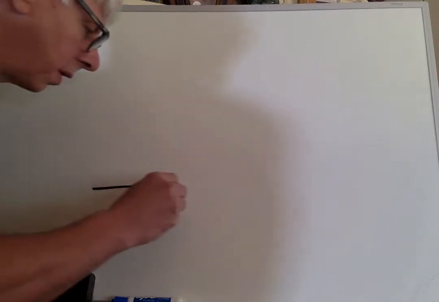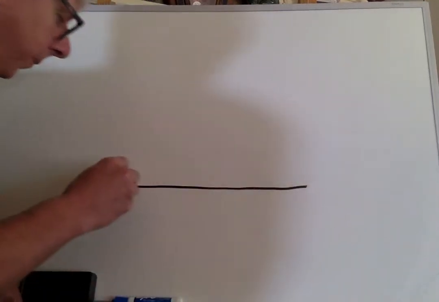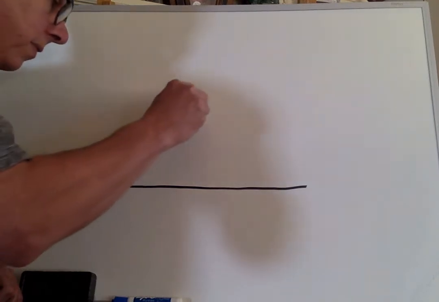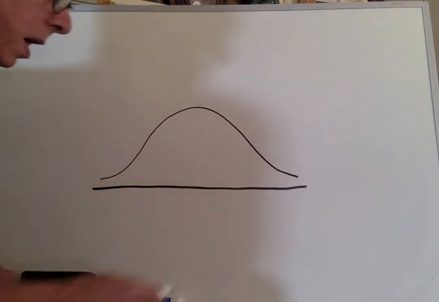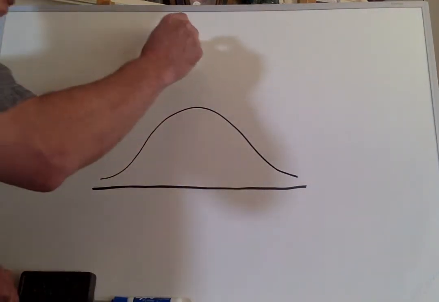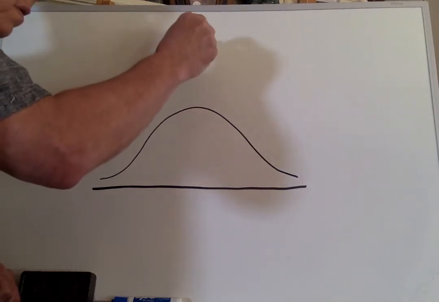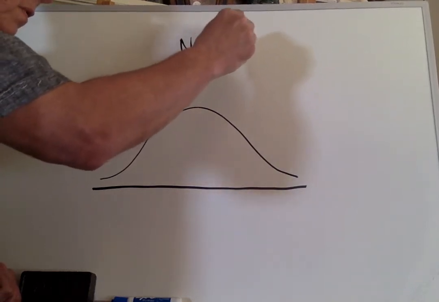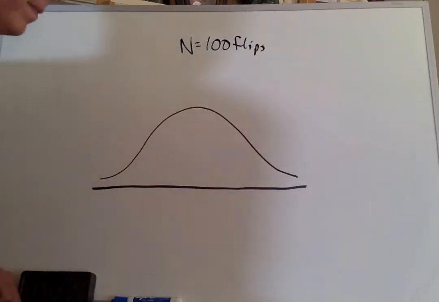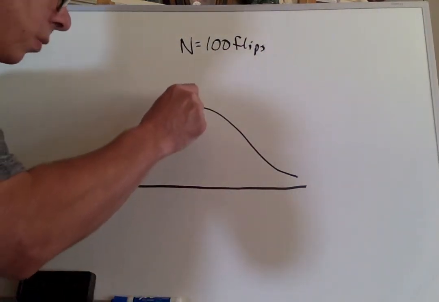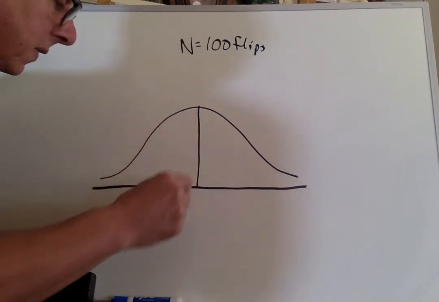Let's look at the distribution. If we flip the coin 100 times, so here we have 100 flips of a coin, okay? If we do that a number of times, what do I expect to see?